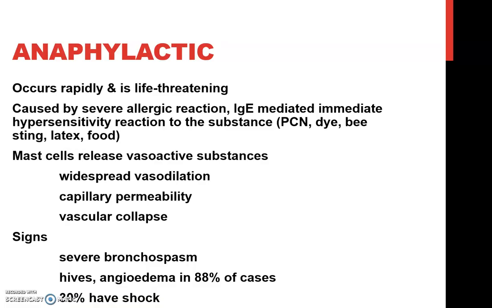Our signs are they're going to have severe bronchospasms, hives, and angioedema in 88% of cases. 30% of anaphylaxis go into shock. What is angioedema? It is edema of your airway.